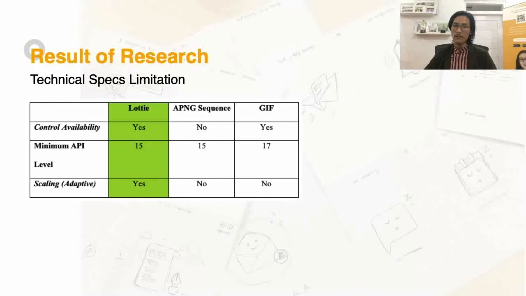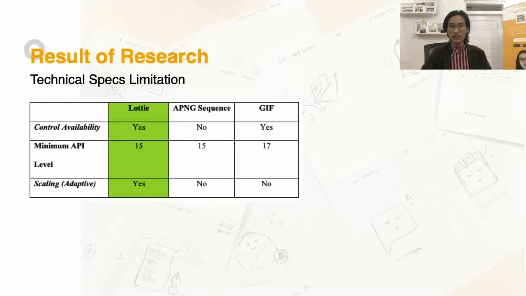The minimum API level for Lottie is 15. And the third is scaling, or adaptiveness. Lottie has an adaptive screen. It means that because the basis of a Lottie asset is a vector, however big or small the screen that the developer defines in their application, Lottie can adapt to the screen size.